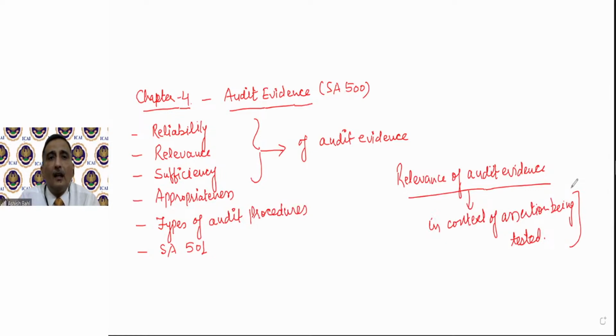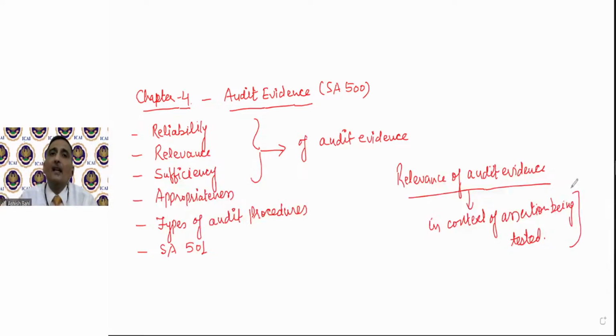So the reliability of such evidence increases because the internal system of the company is operating satisfactorily. तो सब कुछ बढ़िया चल रहा है, कंट्रोल्स बढ़िया है, वैसे ही काम कर रहे हैं जैसे कि मैनेजमेंट इंटेंड कर रही है. So what happens in such case? The information being produced by the system of the company, by the internal controls, is more reliable.